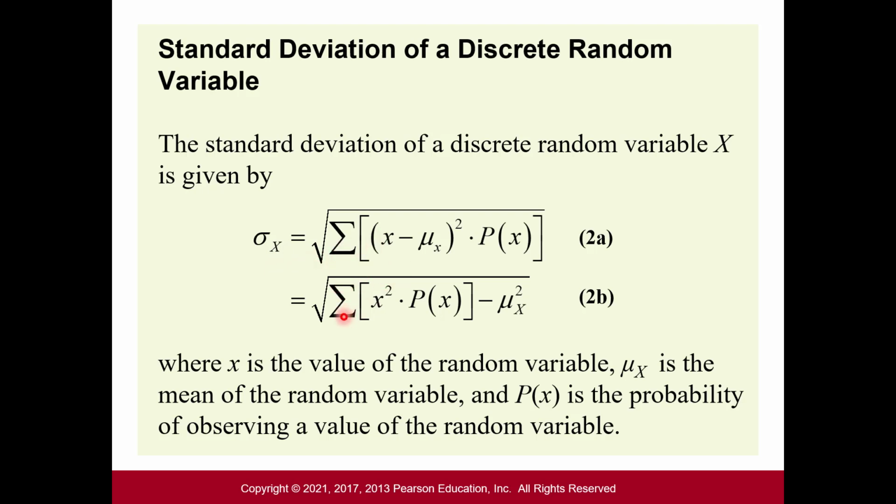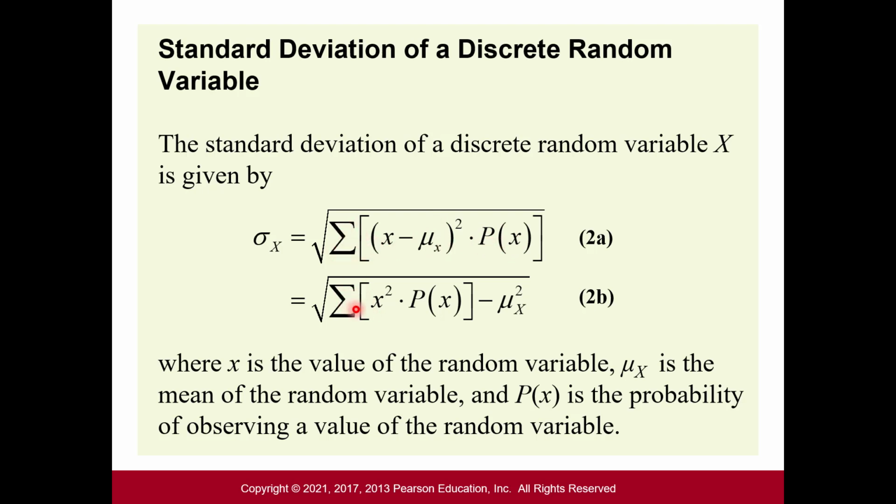In either case, it's going to be the square root of a summation. And in the first version, we take each value of our random variable, so that's x, and subtract the mean from it, square that, and then multiply it by the probability. And then once you do that for all of your x values, then you add them all up.